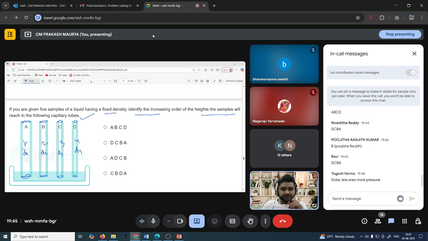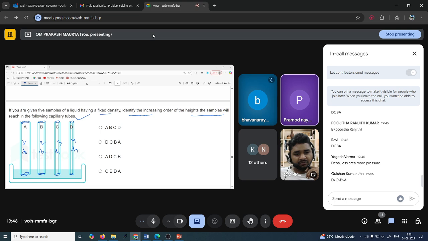So now I'll give you a hint about it. If you remember the formula of capillary rise, then everyone try to give the answer for this question. Just think on that. Okay, D, C, B, A. So here it's a bit confusing, so it's better you write your answer in the chat box, whether 1, 2, A, B, C, D. You can write 1, 2, 3 or you can write the option also.